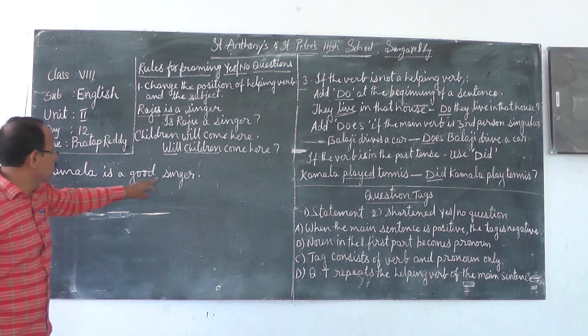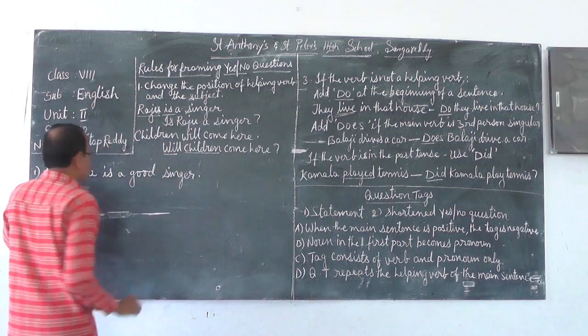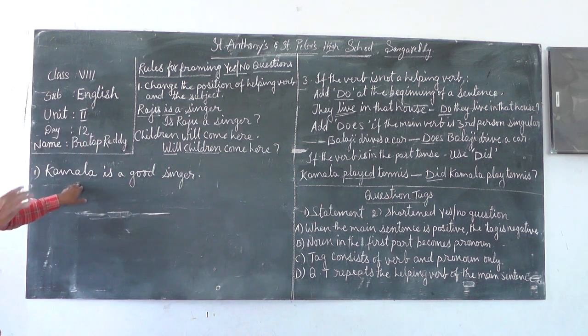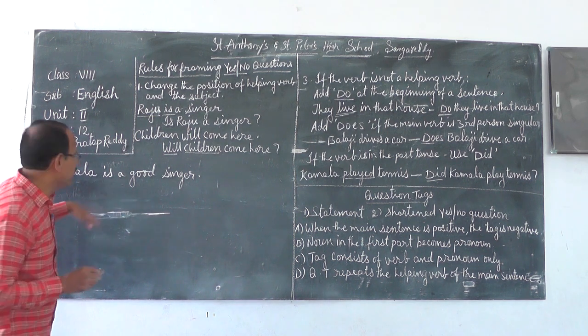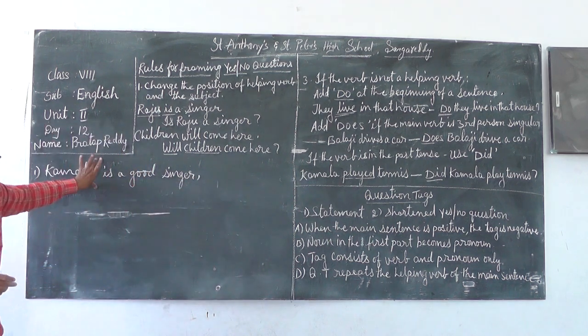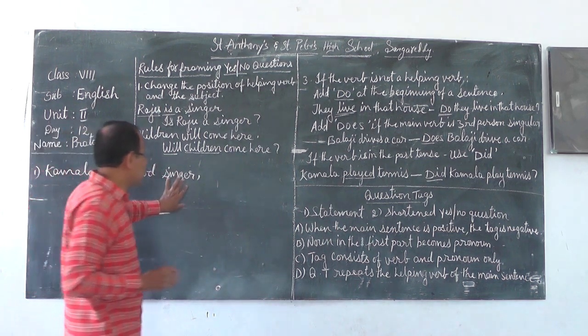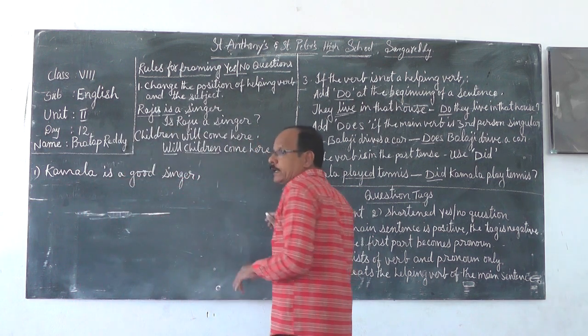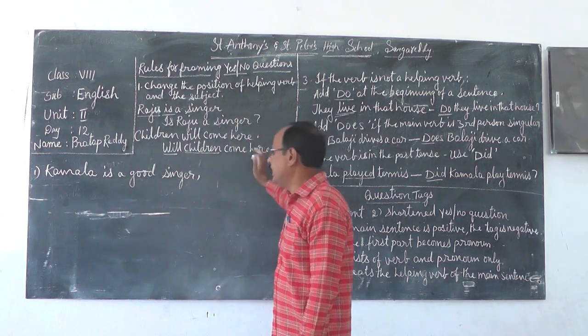Kamala is a good singer. Now, first find out what type of statement it is. Is it positive or negative? It is a positive statement. How to write a question tag? If the statement is positive, then the question tag should be negative. One should be positive, another should be negative.